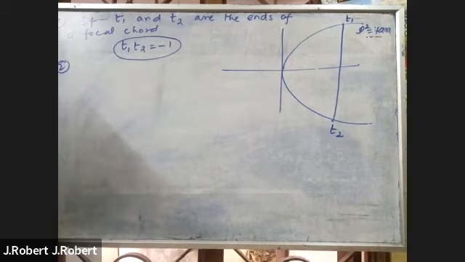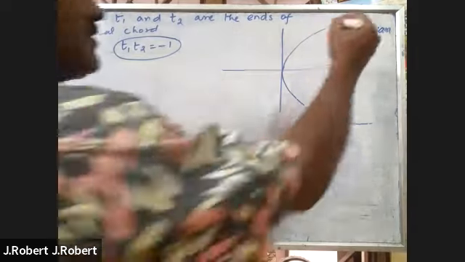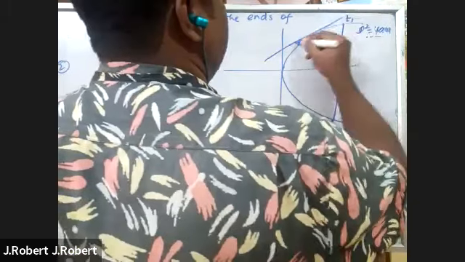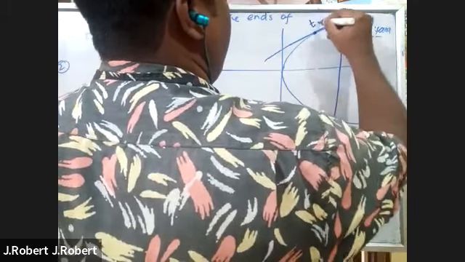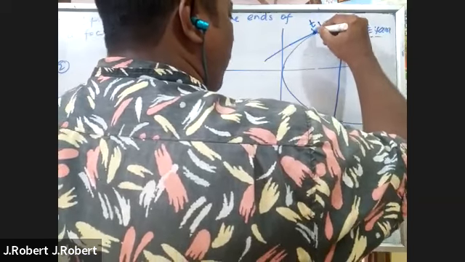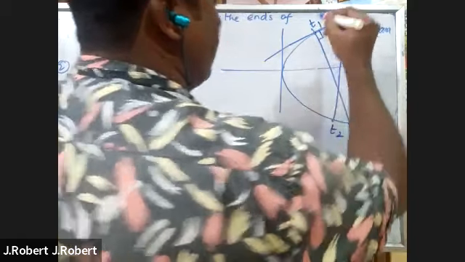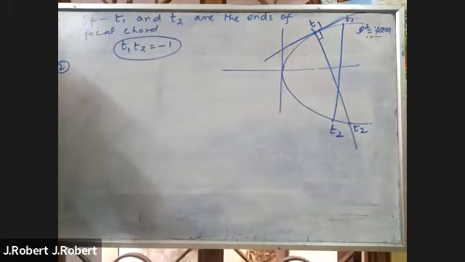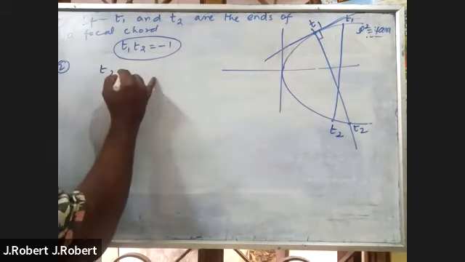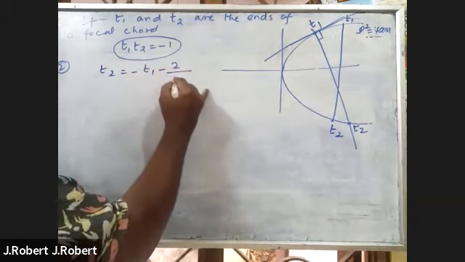I have already given you the derivation of this, and I will give it as a textbook problem. Anyway, this is one of the standard results. Suppose I am taking this point as T1 and again the normal point at T2; normal means perpendicular to the tangent. Then I can say T2 is equal to minus T1 minus 2 divided by T1.